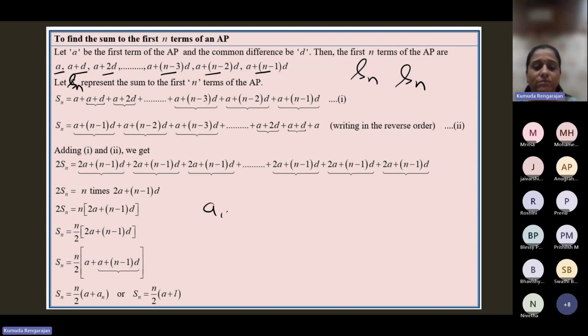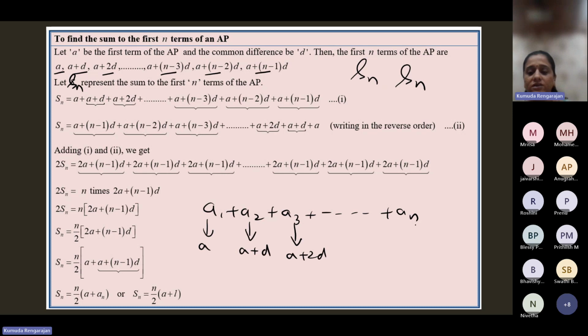That is a1 plus a2 plus a3 plus up to an. This is the sum of the first n terms. And this a1 is only a. This a2 is a plus d. This is a plus 2d. And this last one is a plus n minus 1 into d.